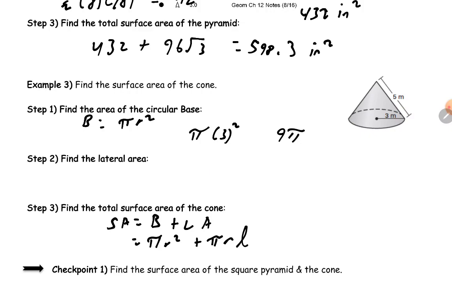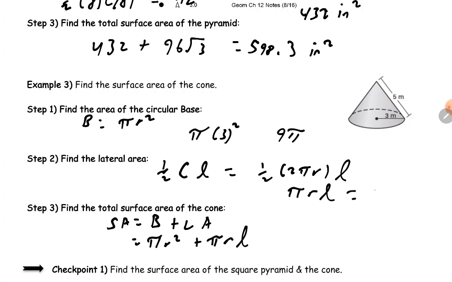Find the lateral area. So the lateral area, it's kind of triangular, but basically it is 1/2 the circumference times L, which if we put that all out, 1/2 times 2 pi r times L. So this is where pi times r times L comes from, which is pi times 3 times 5, which is 15 pi.